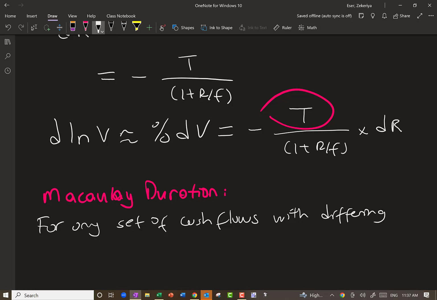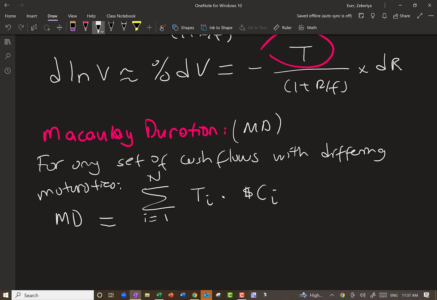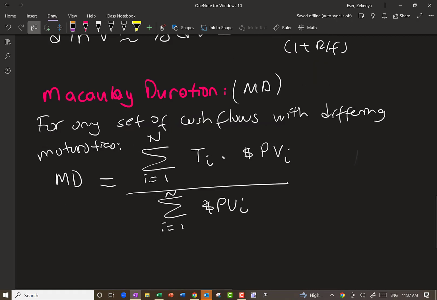We could call it whatever we want, is equal to, and here N is number of cash flow maturity pairs.